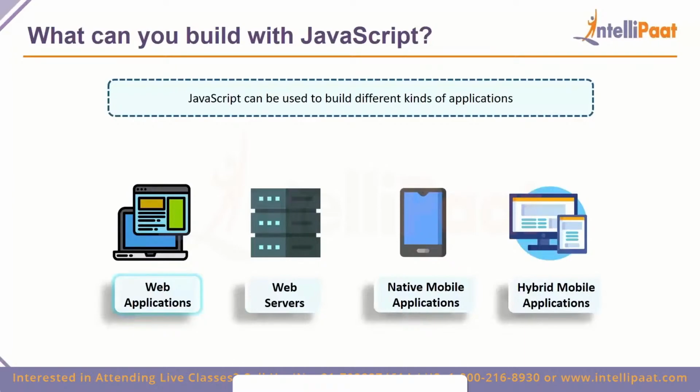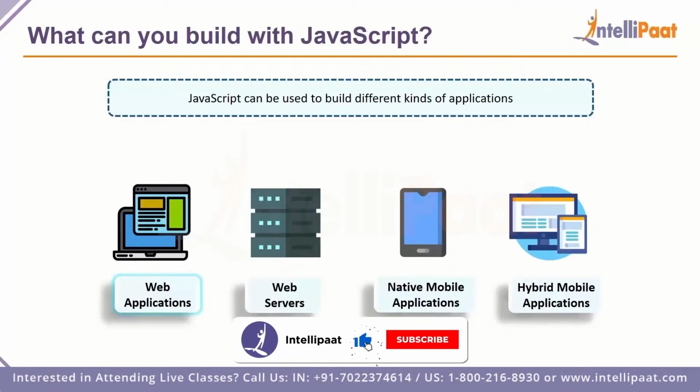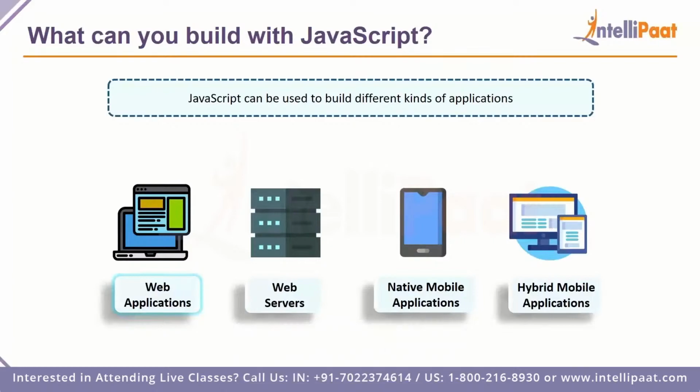Now, the reason why it's so popular nowadays is because there are multiple ways of building a web application using JavaScript. The easiest and the most fundamental way is the way that we have discussed thus far, in which you create an HTML page, write the HTML code, embed some JavaScript in it, either using inline JavaScript or script tags or script files, and then that code is going to be used to manipulate the HTML page in some way or the other.